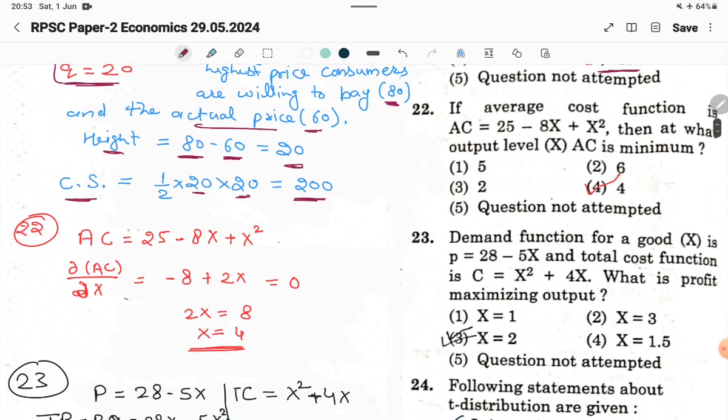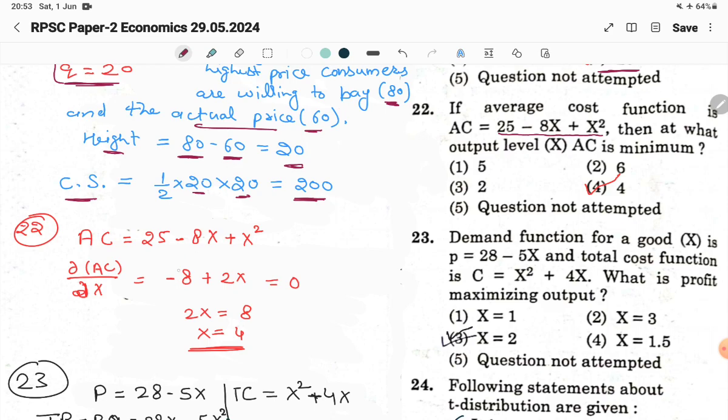Next question: if the average cost function is AC equal to 25 minus 8x plus x^2, at what output level is AC minimum? So to minimize the average cost, we should differentiate the average cost with respect to x, and then we will put it equal to 0.